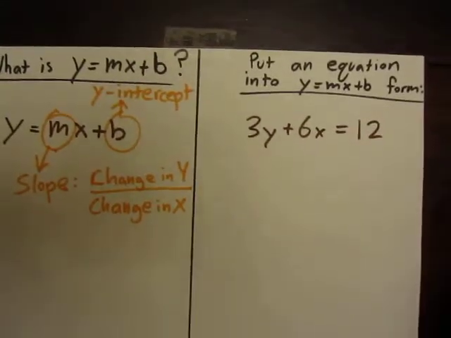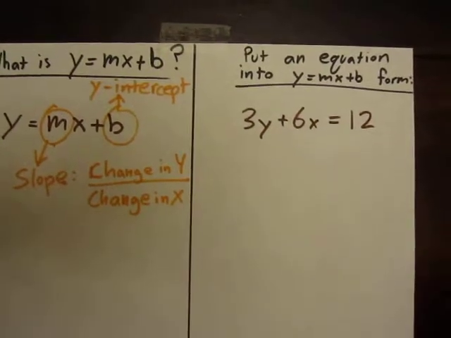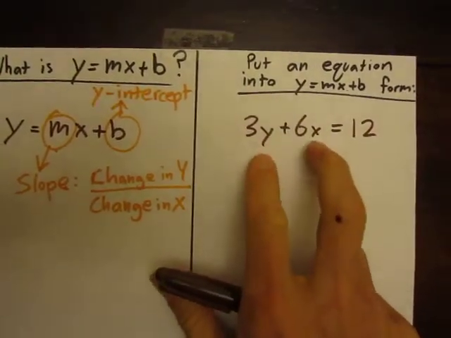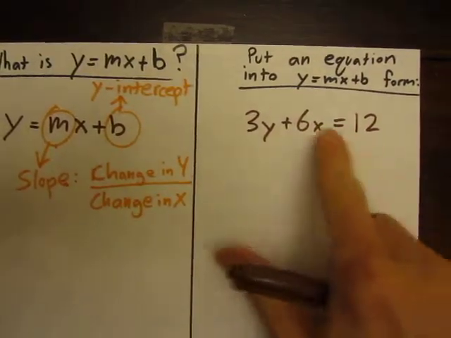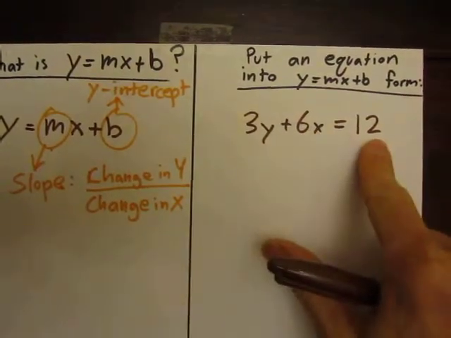Now look at this equation. It is kind of difficult to plot points for this equation, because it's hard to figure out what two values you could plug in for x and y to make them equal 12. So 3 times what plus 6 times what equals 12.